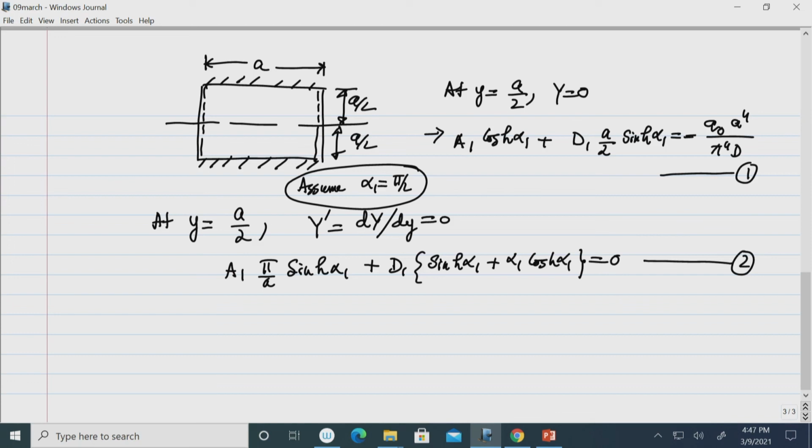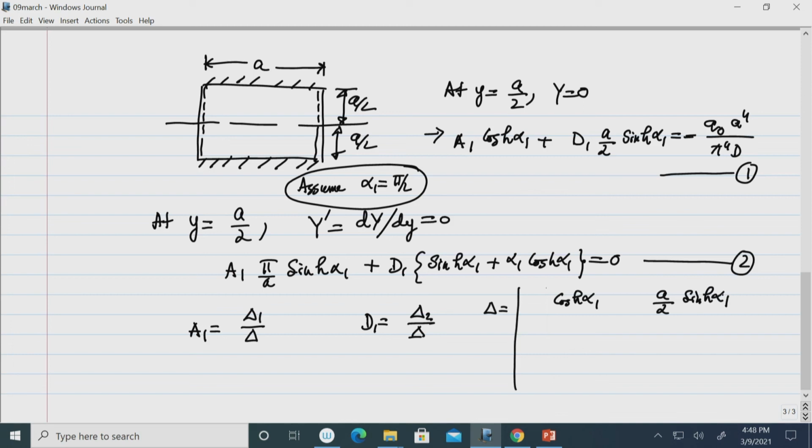So, A1 and D1 can be solved. A1 is equal to delta 1 by delta, and D1 will be delta 2 by delta. Delta is the determinant formed by the coefficients of A1 and D1. The coefficient of A1 is cos hyperbolic alpha 1 and the coefficient of D1 is a by 2 sin hyperbolic alpha 1.